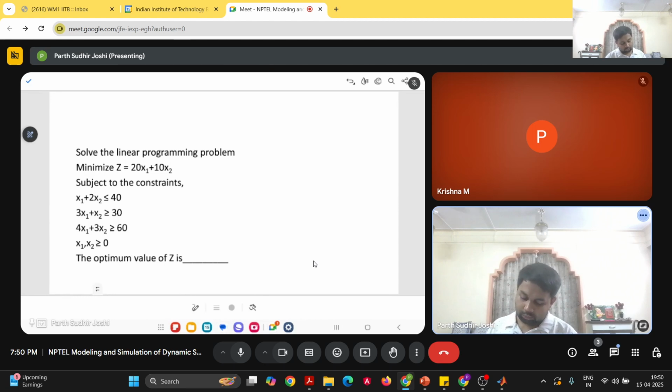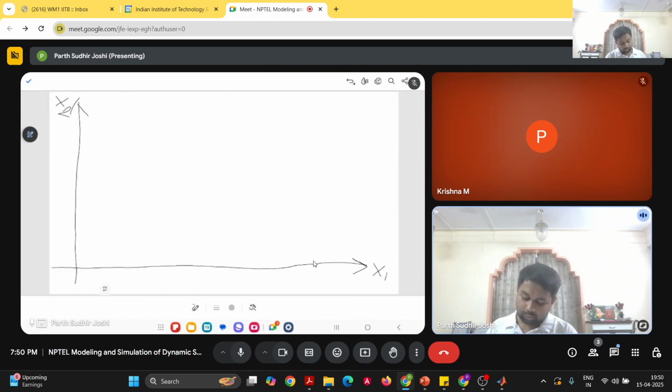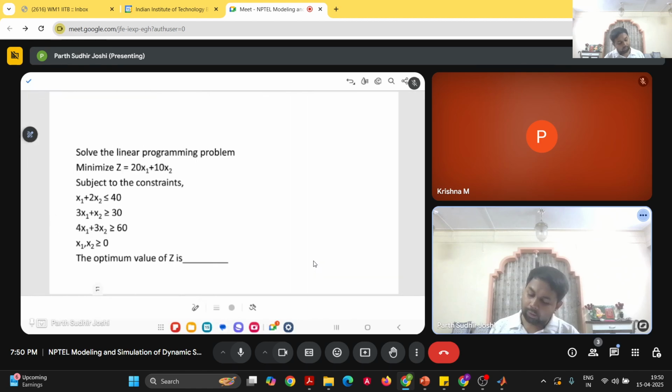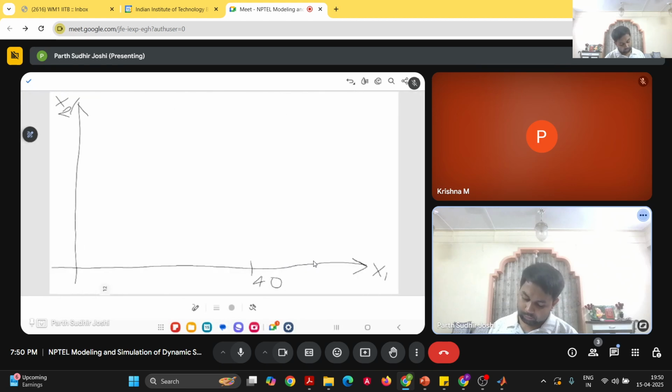So for x2 equal to 0, on the x1 axis we will get 40, and for x1 equal to 0 we will get 2x2 is equal to 40, so x2 will be 20.